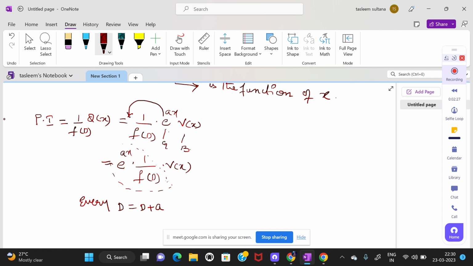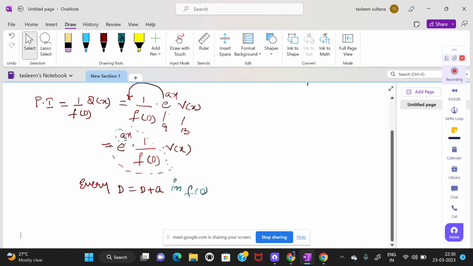You are going to get your a value from here. Whatever the a is, you substitute here. If it is minus, it will become D minus a. You have to substitute every D equal to D plus a in f of D.